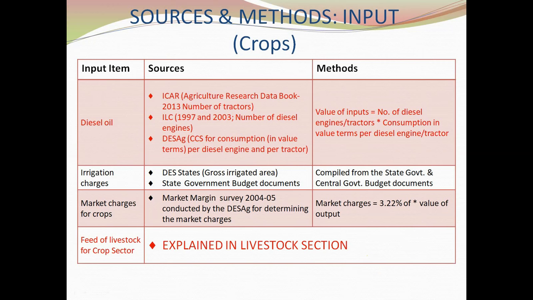In case of diesel oil, ICAR of the Ministry of Agriculture is providing the Agriculture Research Data Book 2013 for the number of tractors.